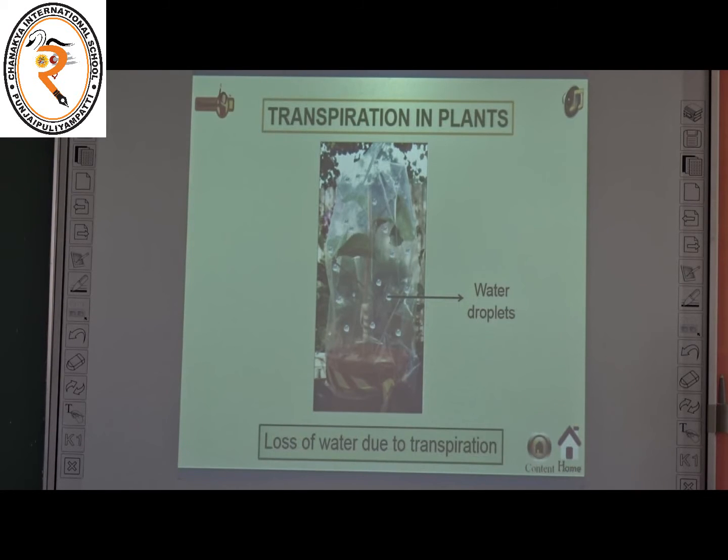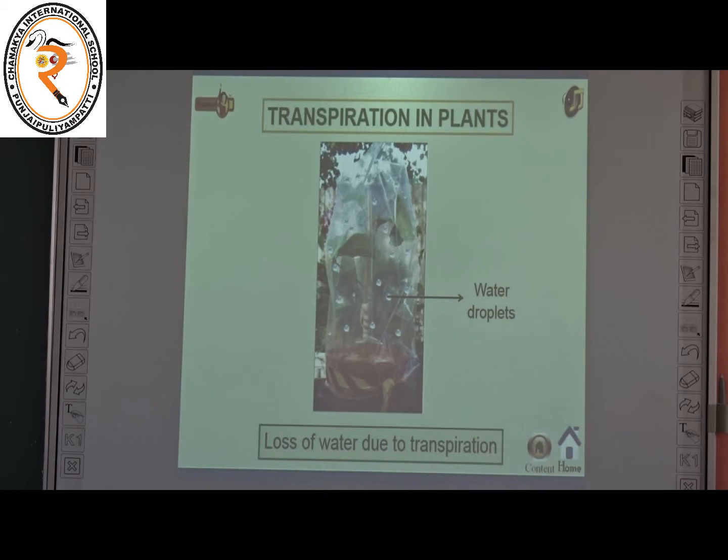Okay. What will happen? After 3 or 4 hours, we can see the water droplets. Why are the water droplets formed? Because of the loss of water due to transpiration. Here the water is converted into water vapor. So this process is known as transpiration.